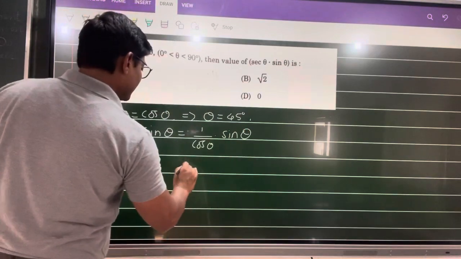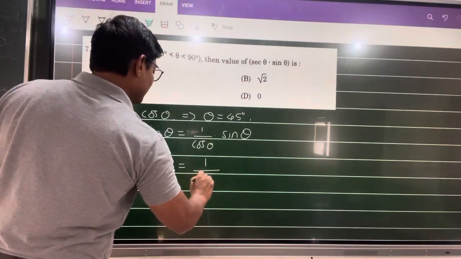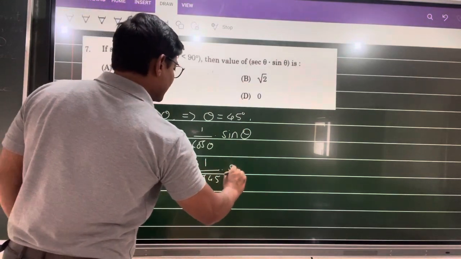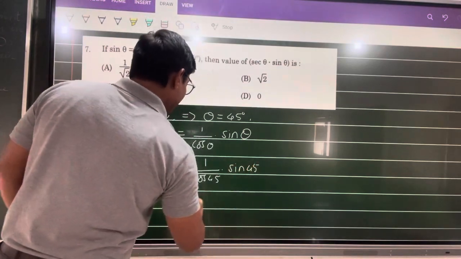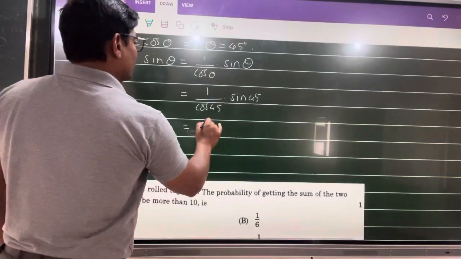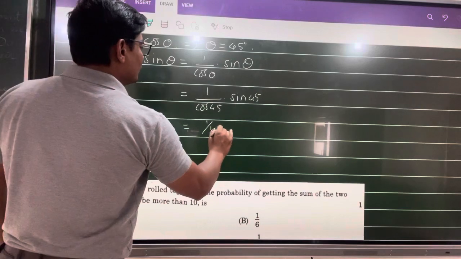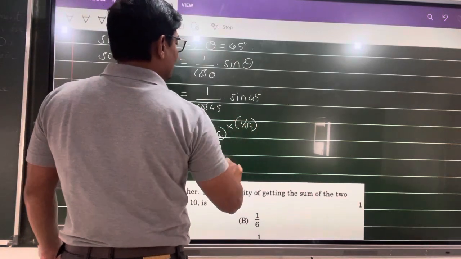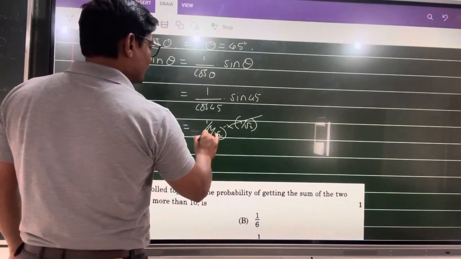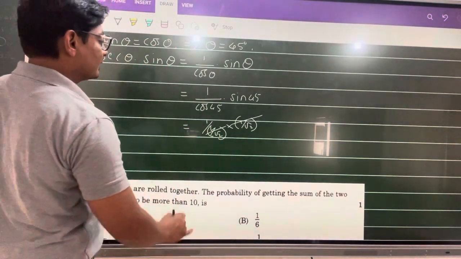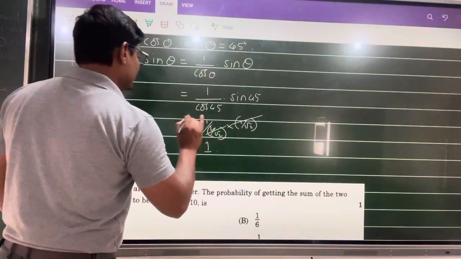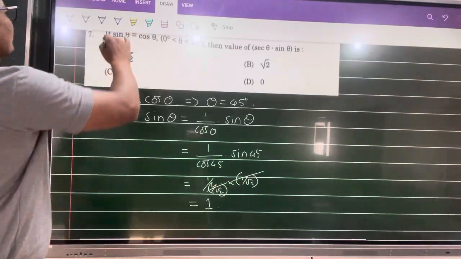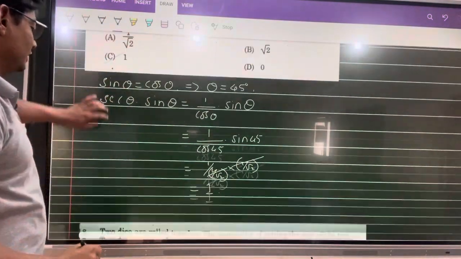Now substituting theta equal to 45 degrees, it is cos 45 degrees into sin 45 degrees. We know that cos 45 is 1 upon root 2, and sin 45 is 1 upon root 2. So from the numerator and denominator the root 2 terms cancel each other, so we will get the answer as 1. So option C is the correct option here.